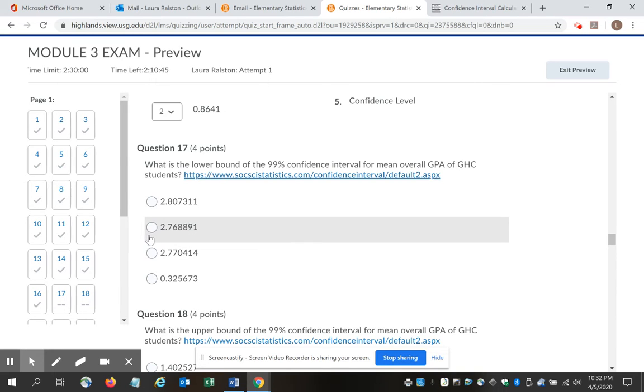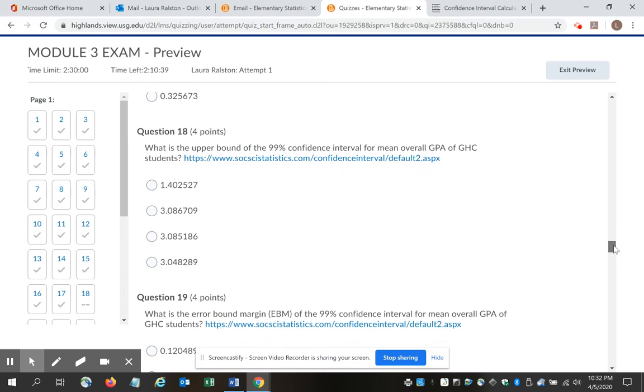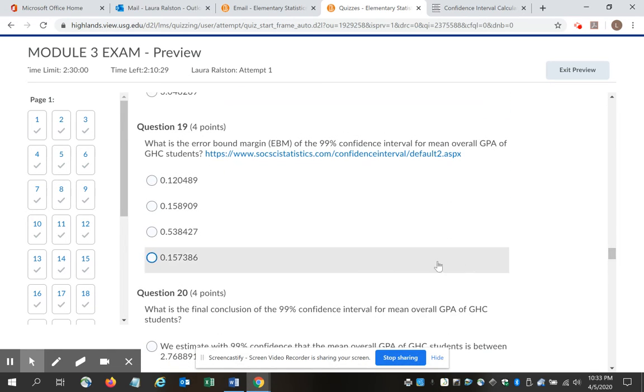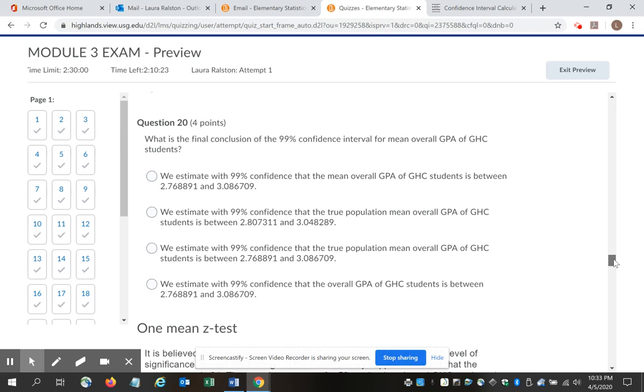My lower bound was 2.768891. My upper bound was 3.086709. My error bound margin was 1.58909. And again, we come to the conclusion, and we need to make sure we get the right numbers.